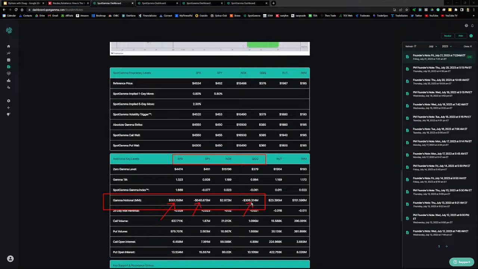So what this leads me to develop is a thesis looking for a little bit higher trading range, a little bit more volatility than the previous day, with the shift to negative for SPY and QQQ, and the shift to less positive for SPX.